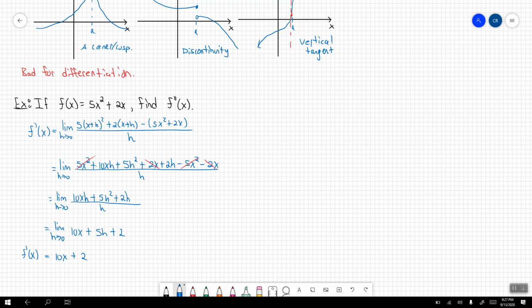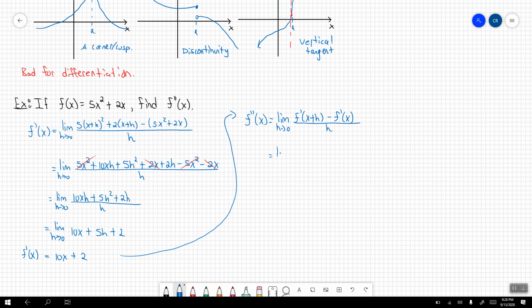Now remember, we want to find f double prime, which means we need to find the second derivative. So in order to find the second derivative, I'm going to use the derivative that I just found. Finding the second derivative means I need to use the limit as h is approaching 0 of f prime at x plus h minus f prime at x, all divided by h.